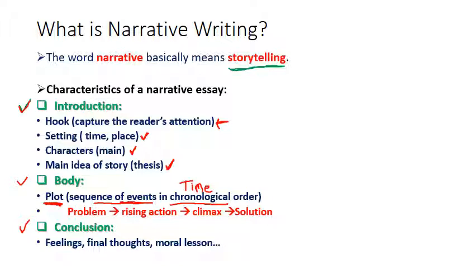Later on, notice the transition. Later on, after that, last year, use transitional signals related to time. Why do we use transitional signals? If we don't use them, our essay will feel quite boring and will not be coherent or connected. Transitional signals are used to connect your ideas together.